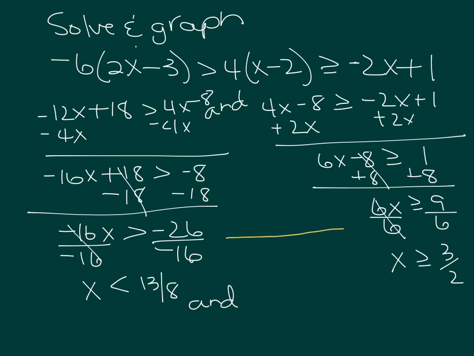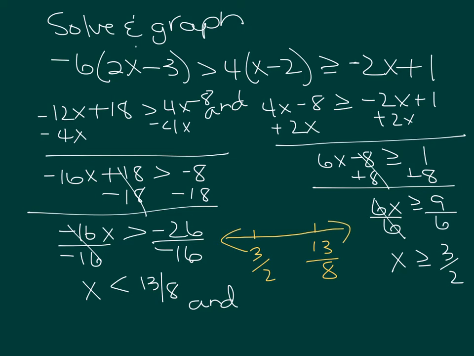When I go to graph this problem, we have 13/8 and we have 3/2. Well, 13/8 is 1 5/8, which is more than 1 1/2. So I know that's going to go farther right than 3/2. 3/2 would go more here because it's exactly 1 1/2.